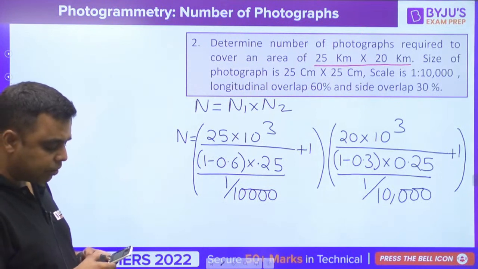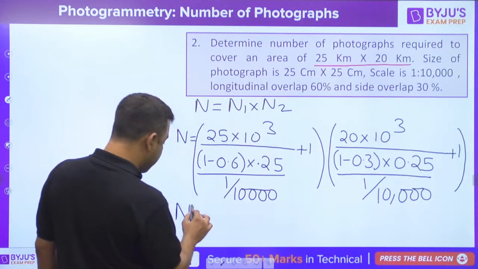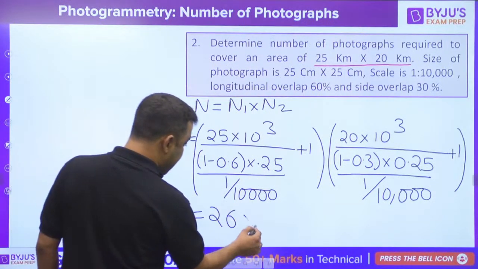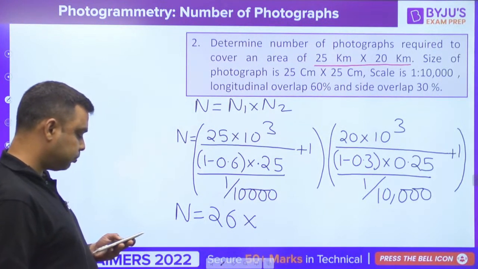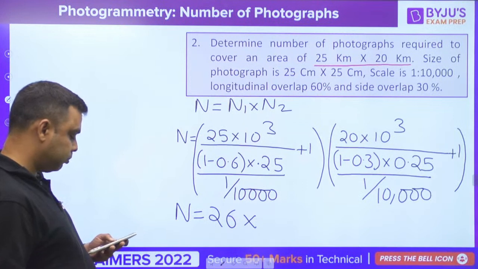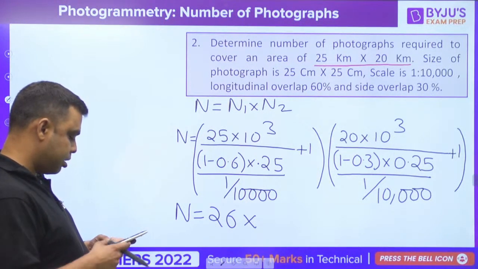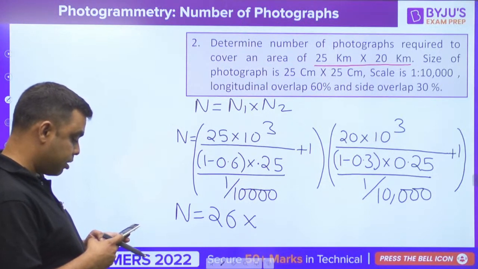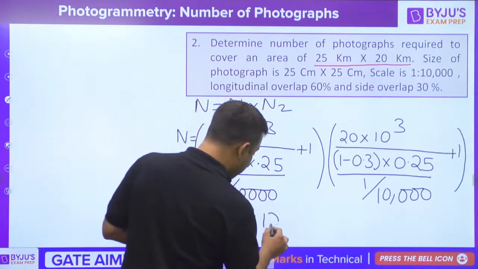How much is it coming? Is this coming as 26? Is this coming as 26 into? The other one would be 20 kilometer, 0.7, 12.42.